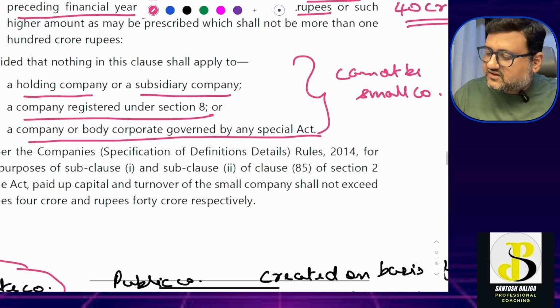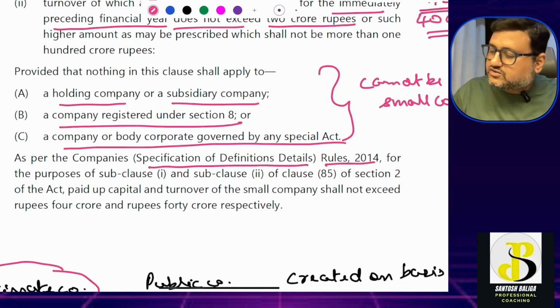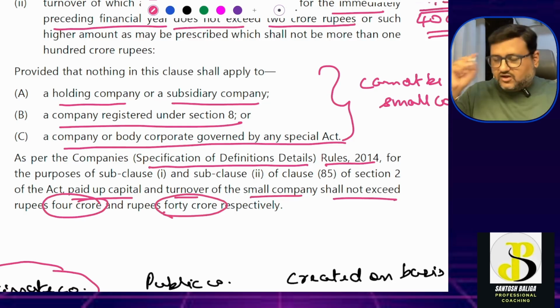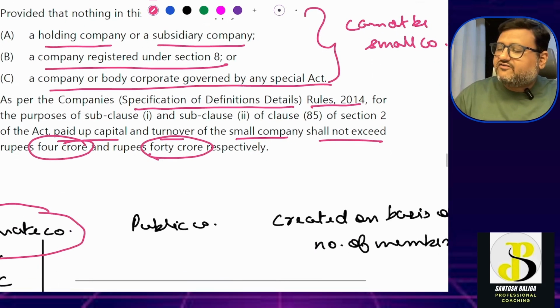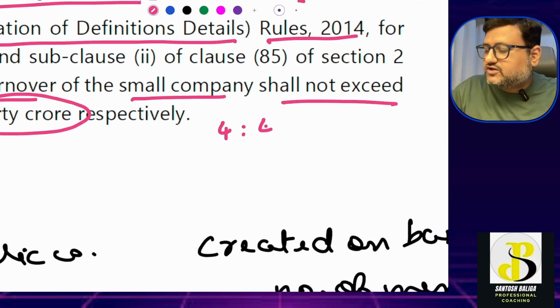So here you can see that the Companies Act rules, which is the specification of definition details rules, have provided that the paid up capital and turnover of the small company shall not exceed how much? 4 crore rupees or 40 crore rupees respectively. What do we need to keep in our mind? Keep it very, very simple. I have seen students getting confused over here. Just remember 4 is to 40.